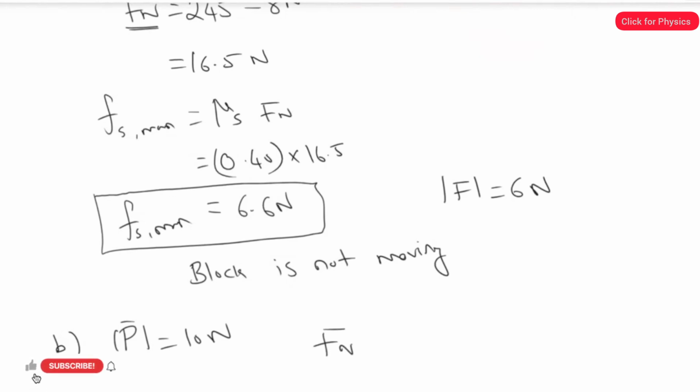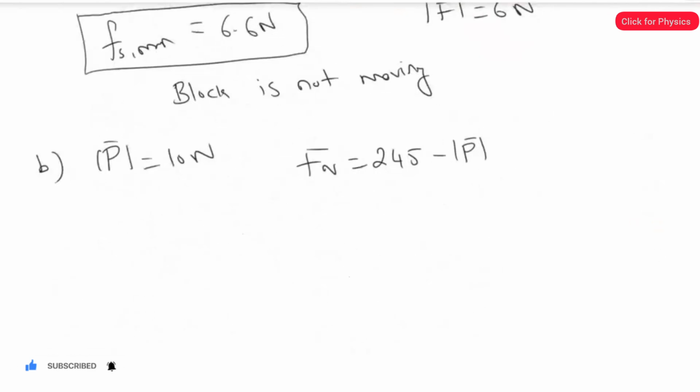Which equation? The normal force, which is equal to 245 minus the P vector magnitude. So when you substitute this value here, let's see what the value of the normal force is. So Fn, the normal force, is equal to 245 minus 10 Newton, and here I got the answer as, it's not 245, it is 24.5, sorry.